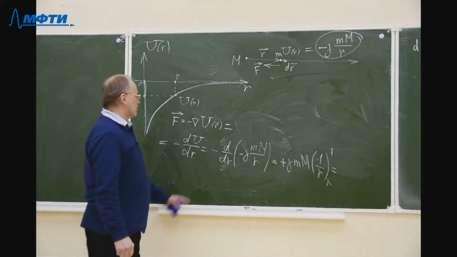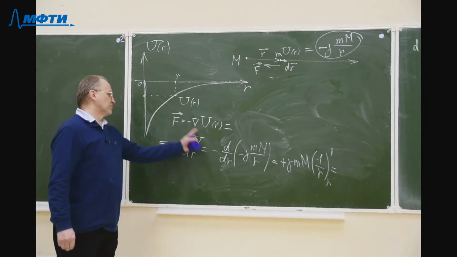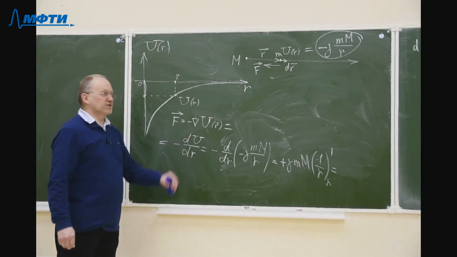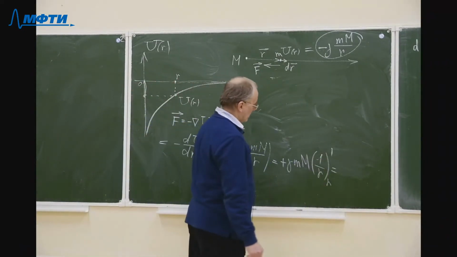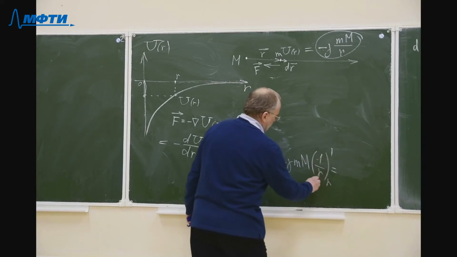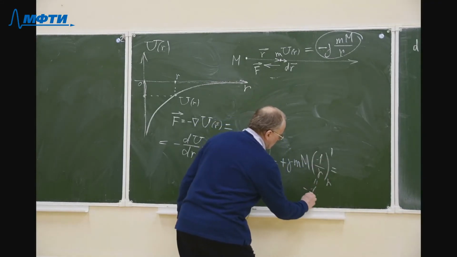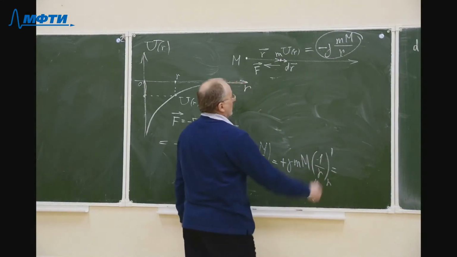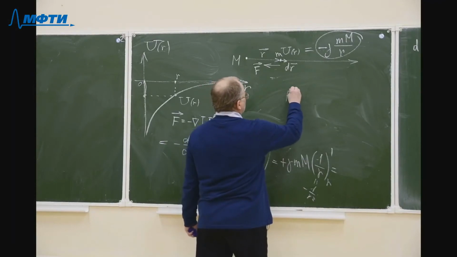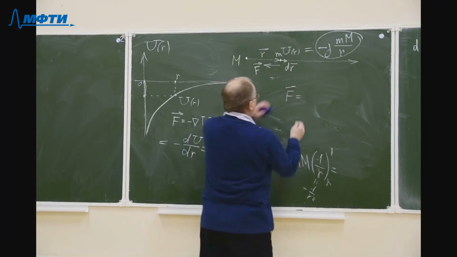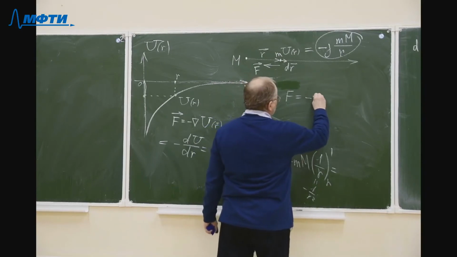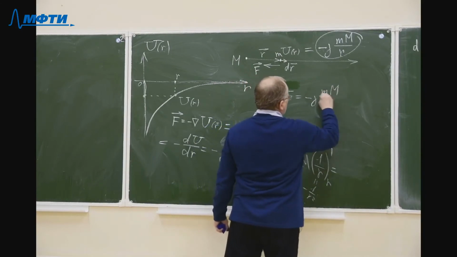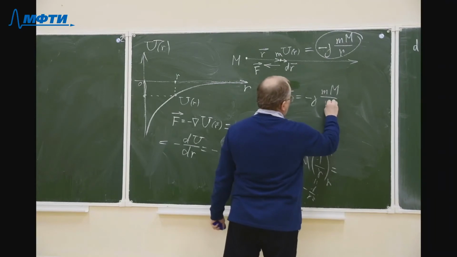What is the force? Now we will calculate it using the well-known formula relating the force and the potential energy. What will be the force? What is the result of such a derivative? Such a derivative will be equal to minus 1 over r squared. So we obtain the result that the force equals minus gamma m M over r squared.